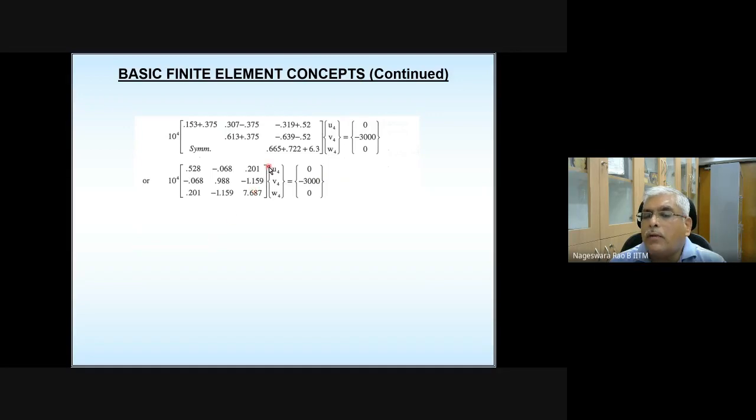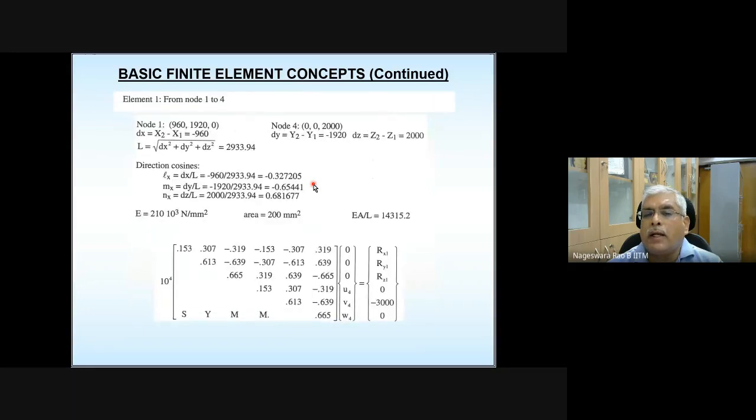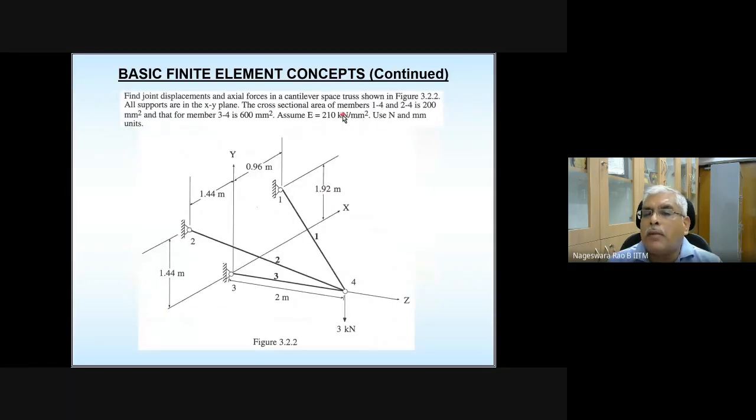And then what are the unknowns? U4, V4, W4. And what is the force that is applied? It's applied in the negative y direction. Please note that all the quantities are in Newton and mm, whereas here it is in kilonewtons.